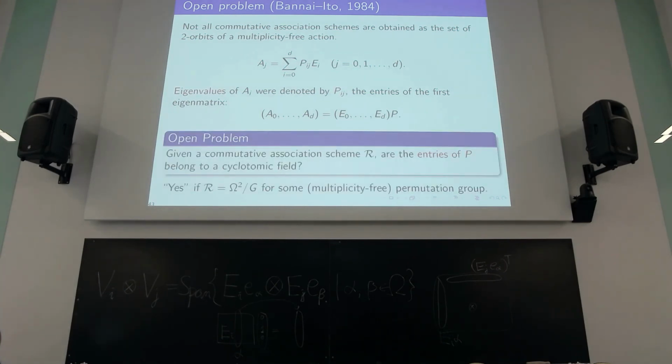The open problem is: given a commutative association scheme, do the entries of P, those eigenvalues of the adjacency matrices, belong to a cyclotomic field?